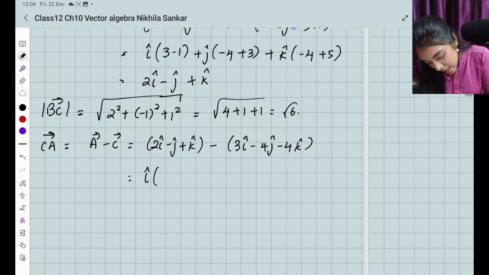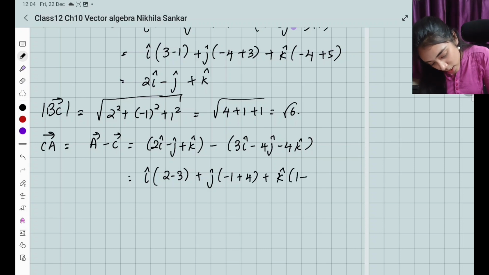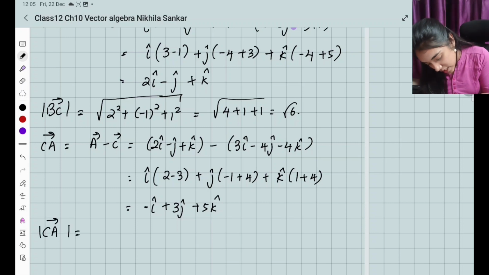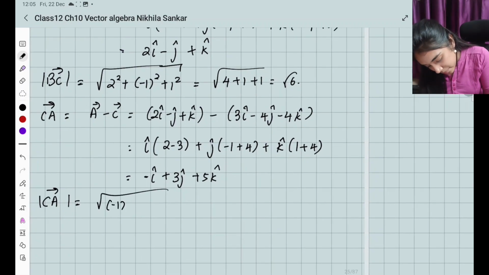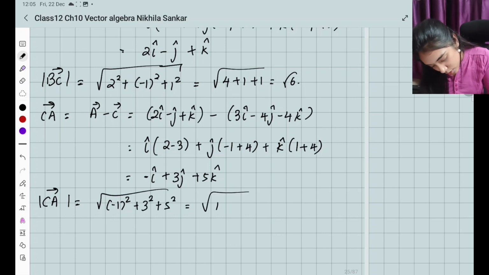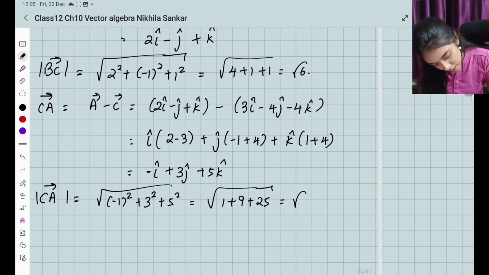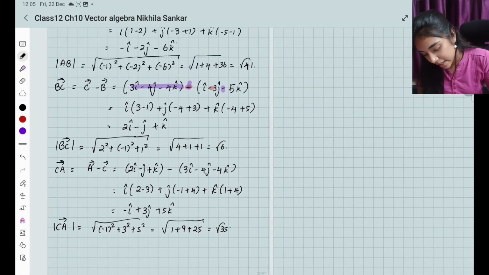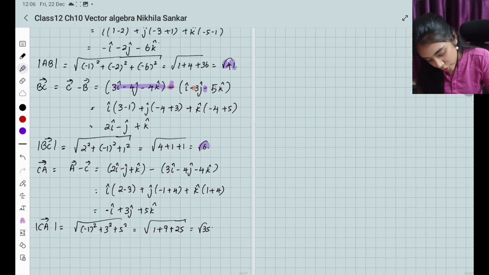So here when I club, I have 2 minus 3, plus j, minus 1 plus 4, plus k, 1 plus 4. This is going to be minus i cap plus 3j cap plus 5k cap. Now when I find the magnitude of CA, I have the square root of minus 1 the whole square plus 3 square plus 5 square, equals the square root of 1 plus 9 plus 25, which is root 35. Now what values do we have? I have root 41, root 6, root 35.